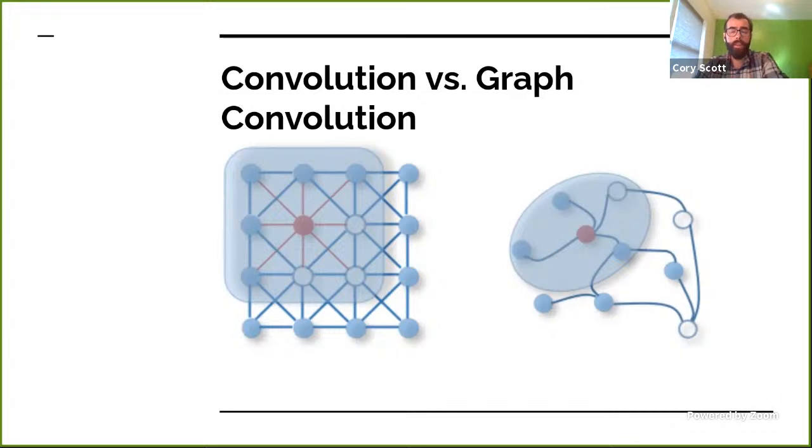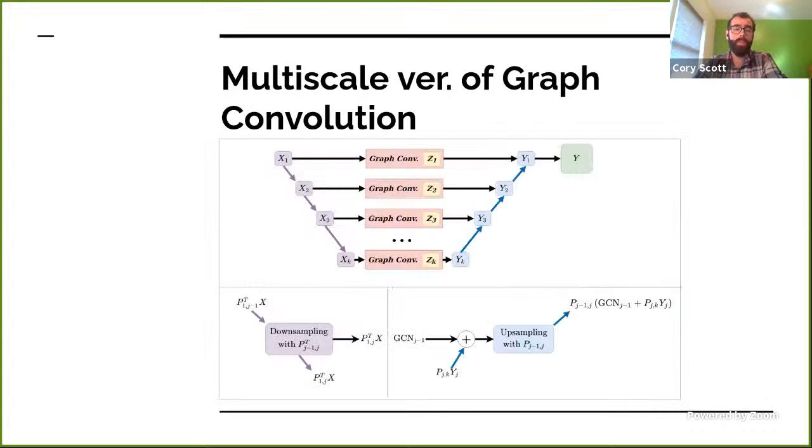So the machine learning model that we propose is a multi-scale version of graph convolution. There's a cartoon of what our model does on this slide. The x sub i are inputs, and you can see that we incrementally downsample each of the x_i until a certain coarsest scale.